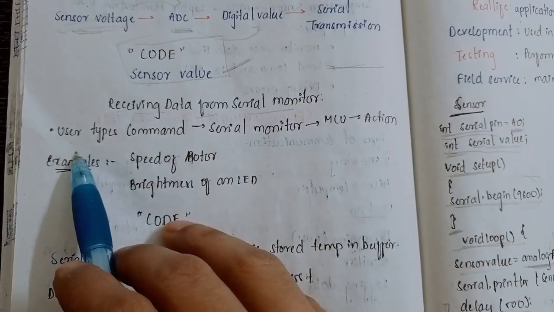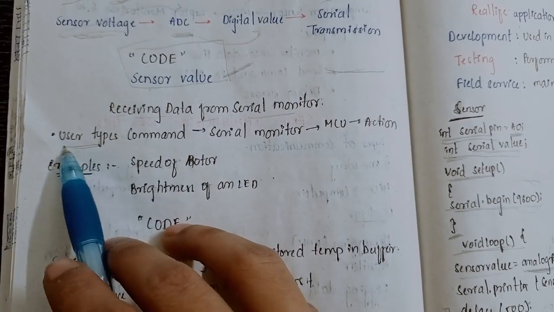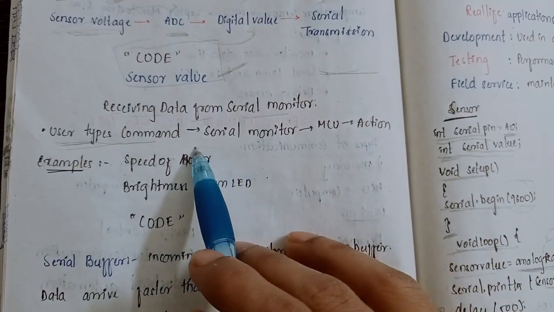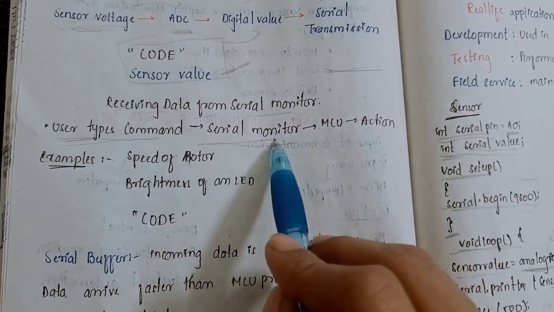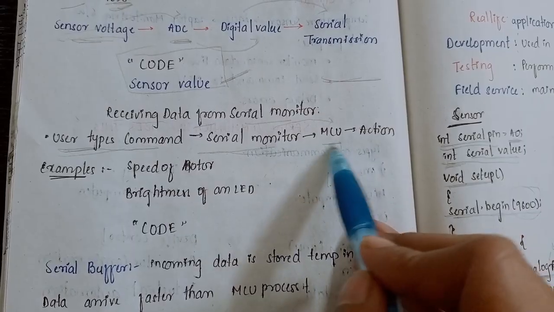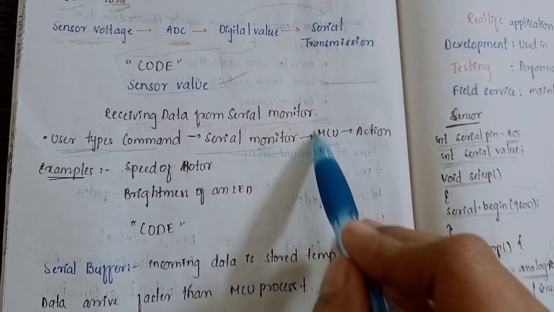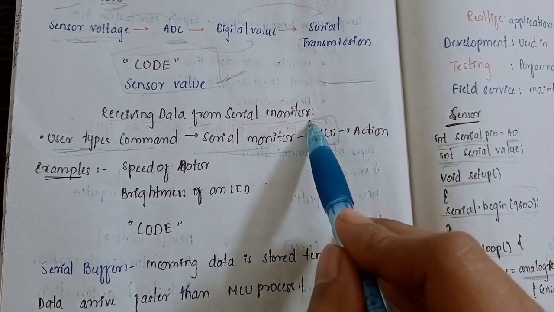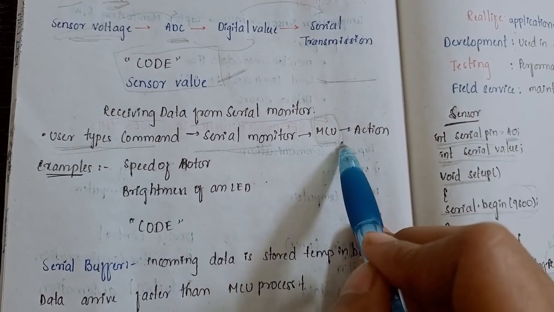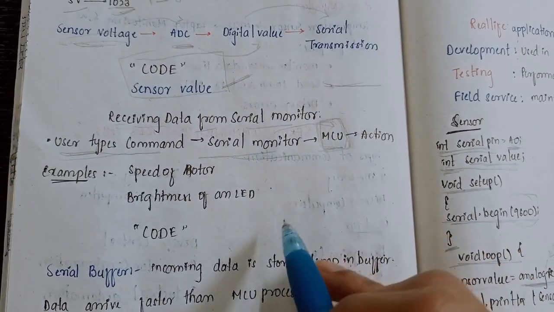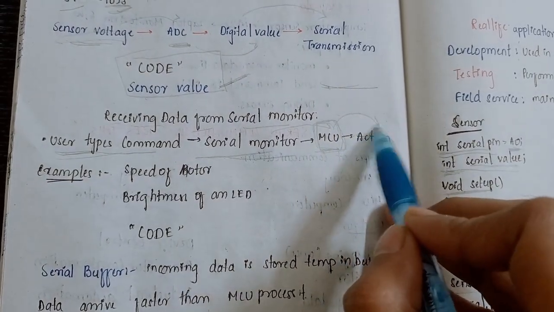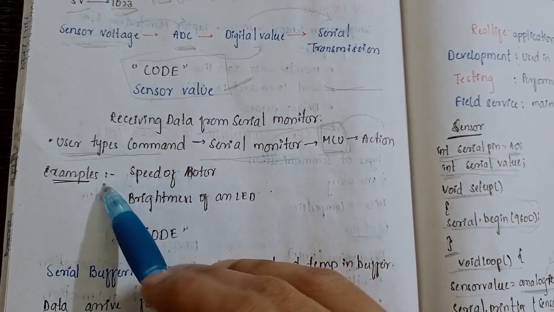So with a flow diagram, the user types a command. It is given to the serial monitor. The serial monitor sends the data to the microcontroller. The microcontroller analyzes the data using the microprocessor inside it, the logical unit, and if any action needs to be taken, it would be done here.